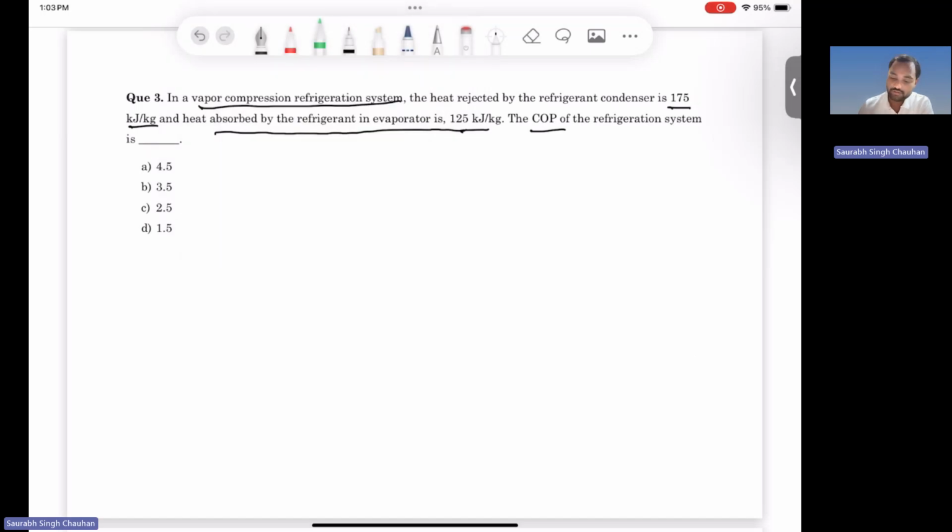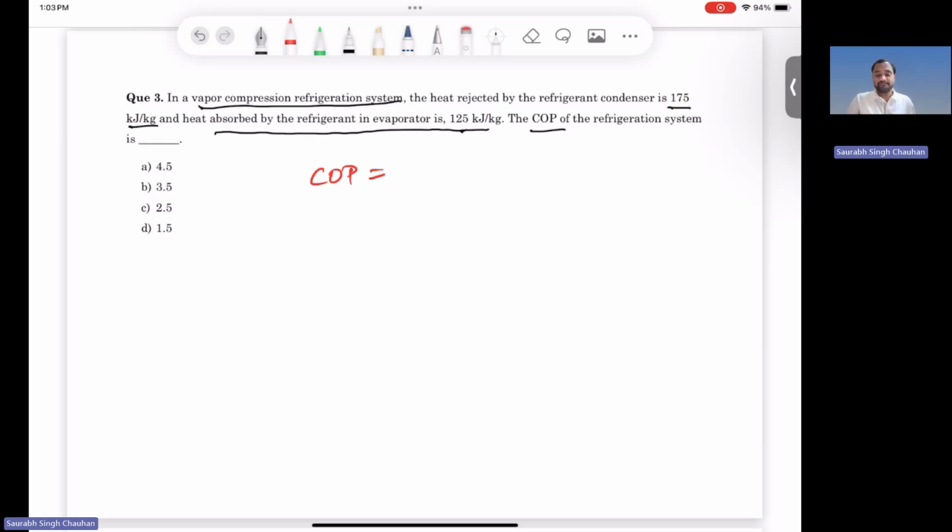And COP, coefficient of performance, you know, what is COP? Coefficient of performance is how much heat you are removing, right? In case of refrigeration, the purpose of refrigeration is to remove the heat from a cold environment and to throw that heat into a hot environment.